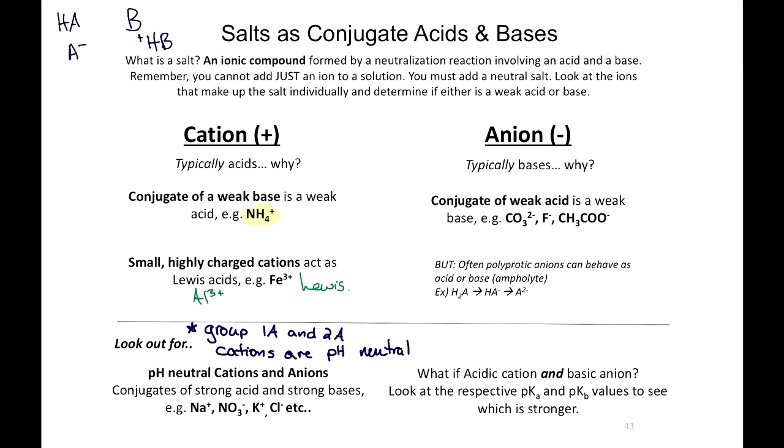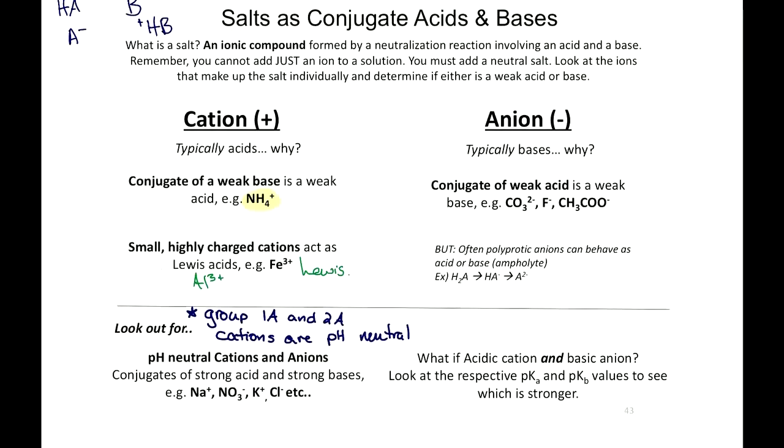So if you have sodium plus or potassium plus in water, you can essentially ignore it in determining whether the salt is overall acidic or basic. Those are pH 7, for the most part, at 25 degrees Celsius.